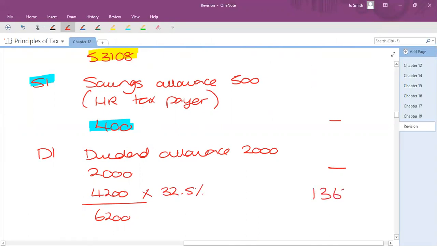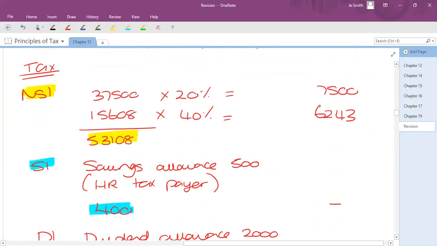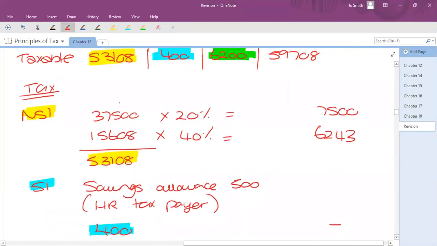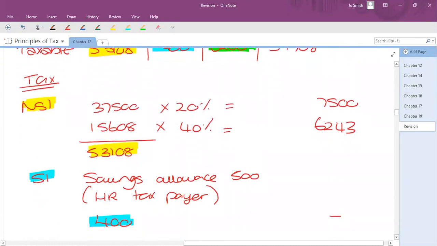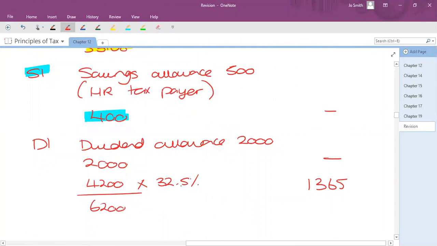Now, if you're not sure where this 32.5% has come from, think about what's happening here. You've already used up your basic rate band, so you can't tax your dividend at the lower rate of 7.5%. You're now in this middle band, classed as a higher rate earner. So that means any income you earn is going to be taxed at that middle rate, which for a dividend, the middle rate is 32.5%. So finally, we add it together, which will be very much your own figure if you've got different numbers, obviously.